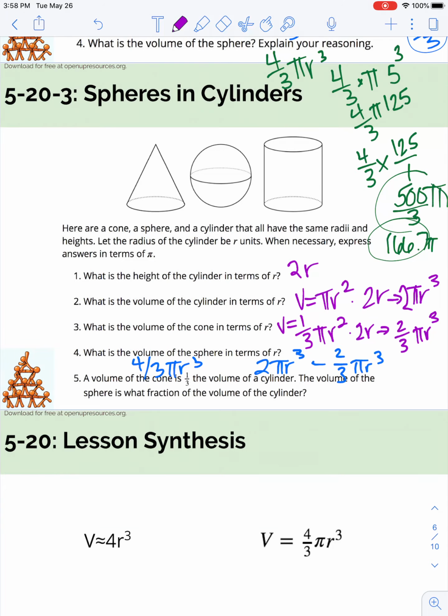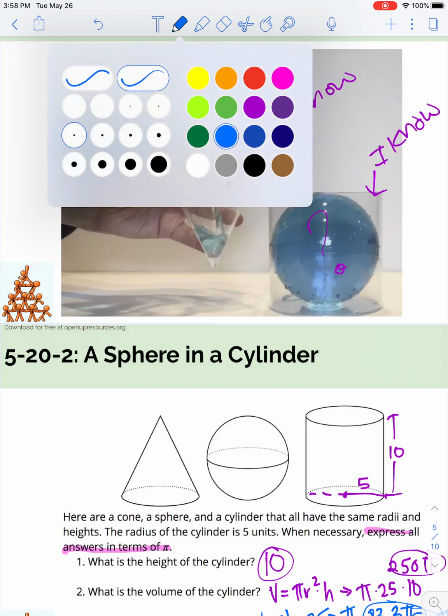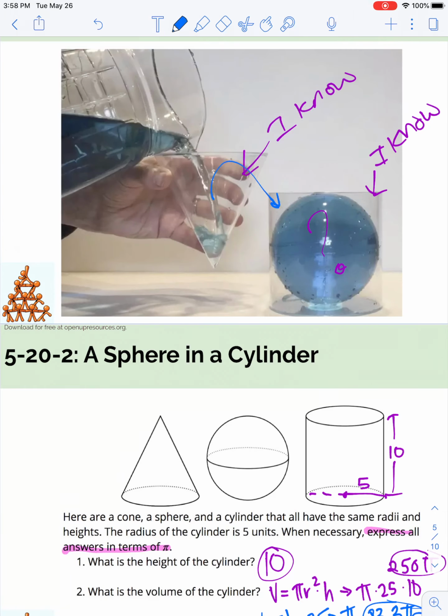So that kind of goes back to this idea, right? Where you have a cylinder, you have a cone, and you have a sphere. I know this, I know this, I do not know this, right? So if you subtract one from the other, we're going to dump in the volume of the cylinder, this is going to get poured into here, and then this gets all filled with water that's dyed blue.